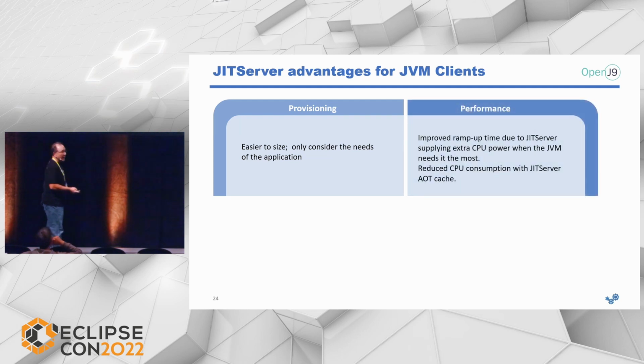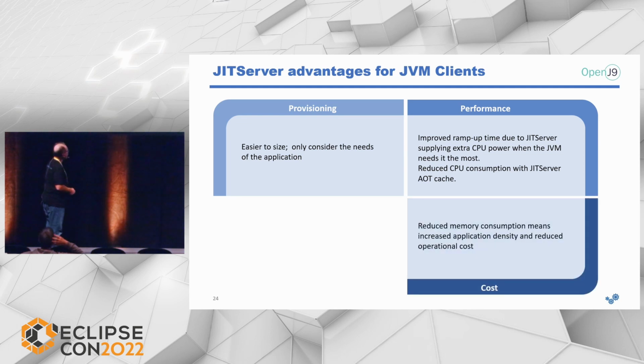You're going to get improved ramp-up time, again, because all the resources are going to be used by the application. And in fact, the JITServer or the Xamaru Cloud Compiler is going to be helping us at initial startup because it's going to be doing all of our JIT compiles for us. The reduced memory consumption means in a container world, we can size our containers down and we can fit more onto a node. And I think this is probably the sweet spot for this technology.